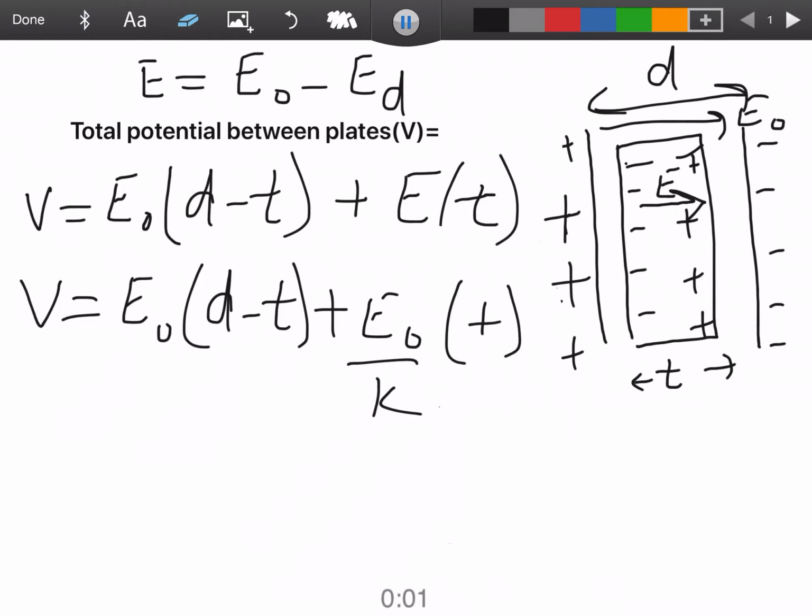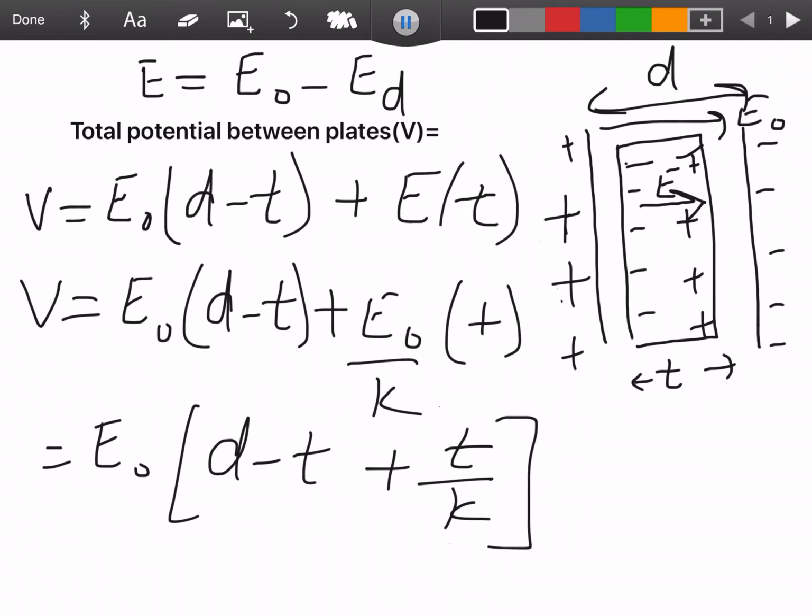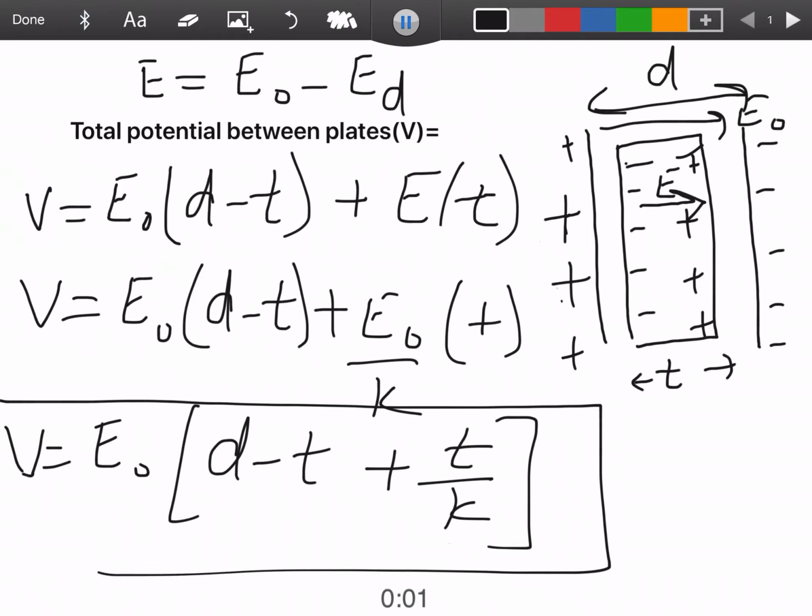Now further we can take E naught common and we will be left with D minus T plus T by K. So this is the value of net potential between two plates of parallel plate capacitor.